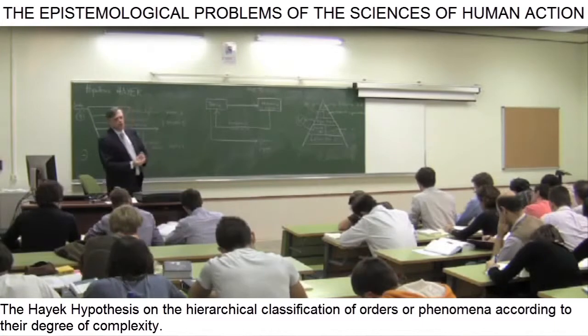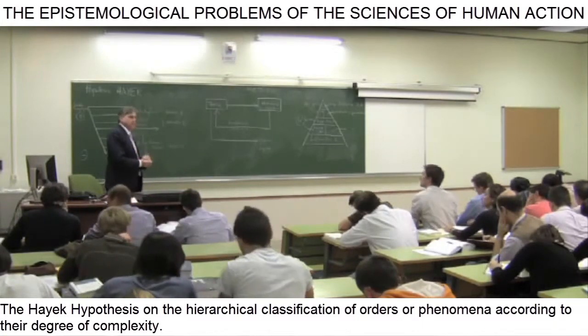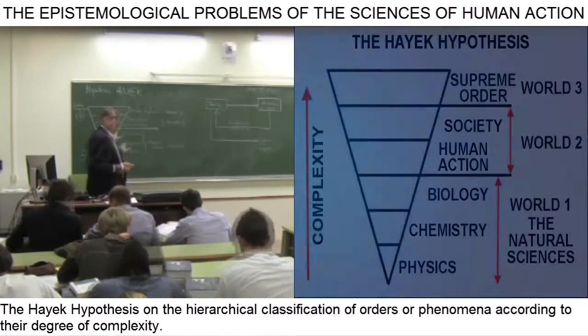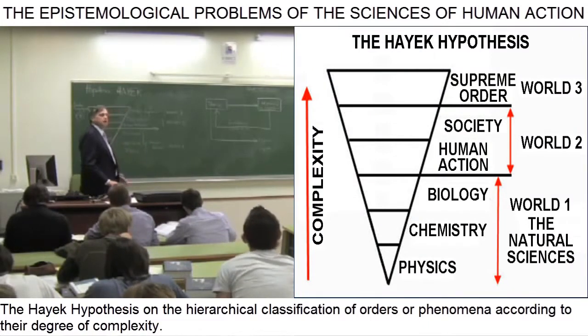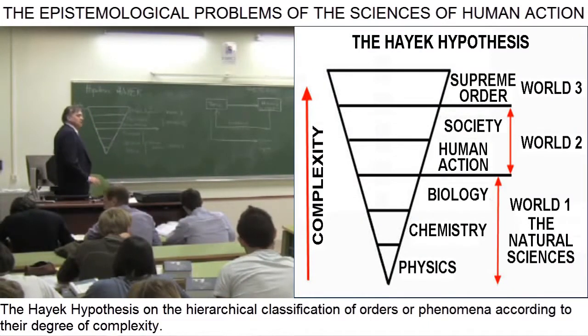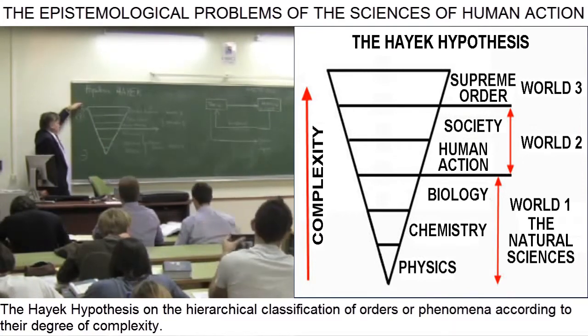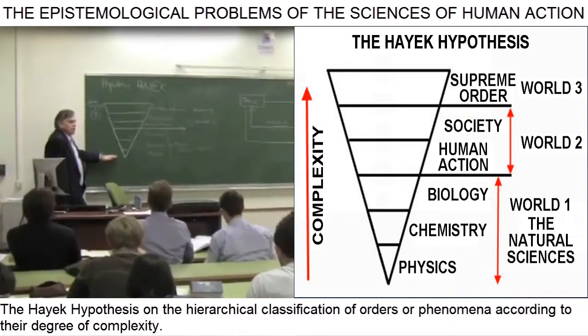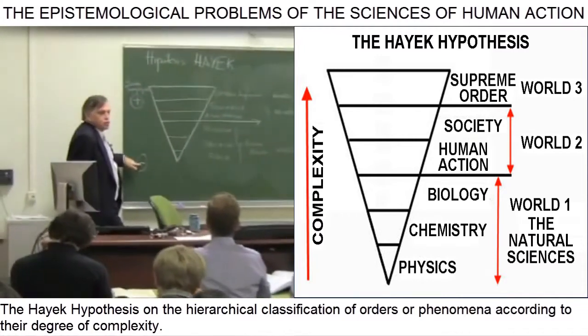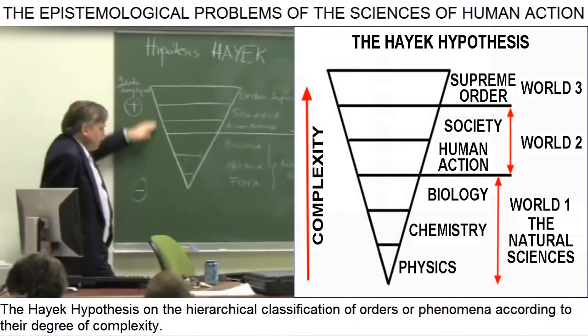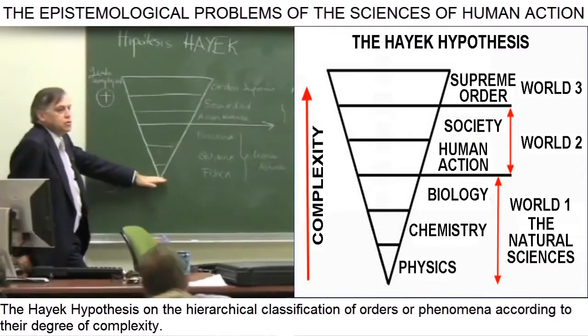To better illustrate and explain the Hayek hypothesis, I'm going to introduce this triangle, this inverted pyramid, which is divided according to degree of complexity. The vertex at the bottom, you see, degree of complexity, refers to phenomena which are relatively less complex, thus the minus sign, relatively less complex phenomena.